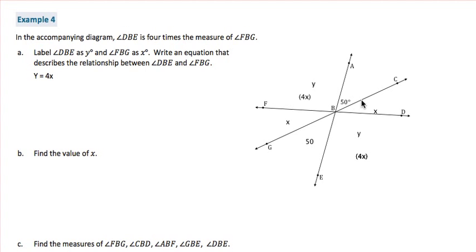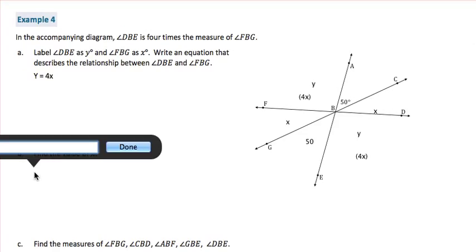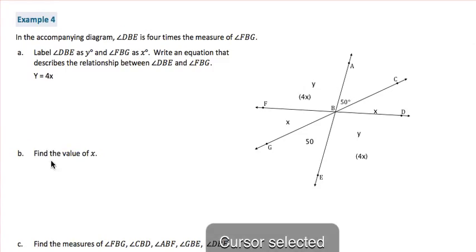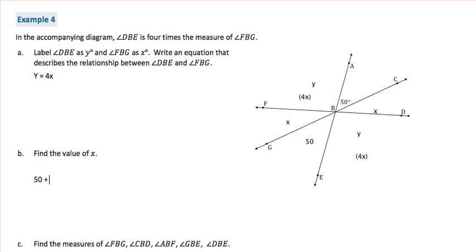But now when we look at this straight line relationship, we have 50 plus 4x plus x equals 180 degrees.